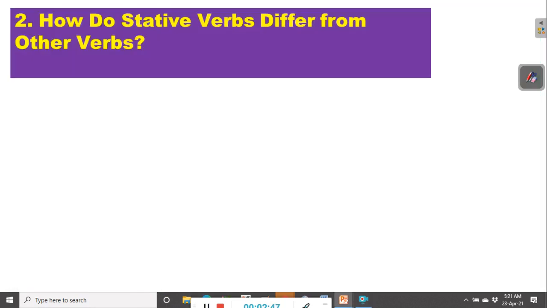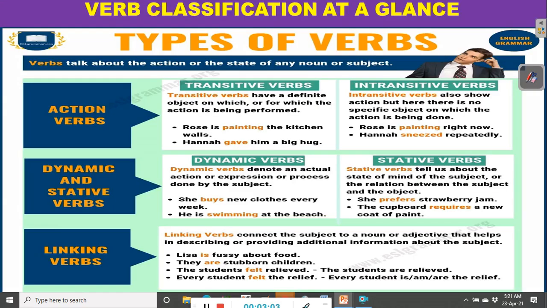Number 2, how do stative verbs differ from other verbs? Now, let's take a look at how verbs are classified generally. Then we will specifically look at the major difference between dynamic and stative verbs. First, let's look at verb classification in general.